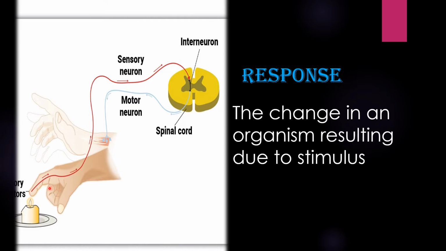Then the effector will contract or secrete substances. Finally the response will occur. That change in an organism resulting due to stimulus, the main cause or main reason for this response is the stimulus. It's a very sudden change.